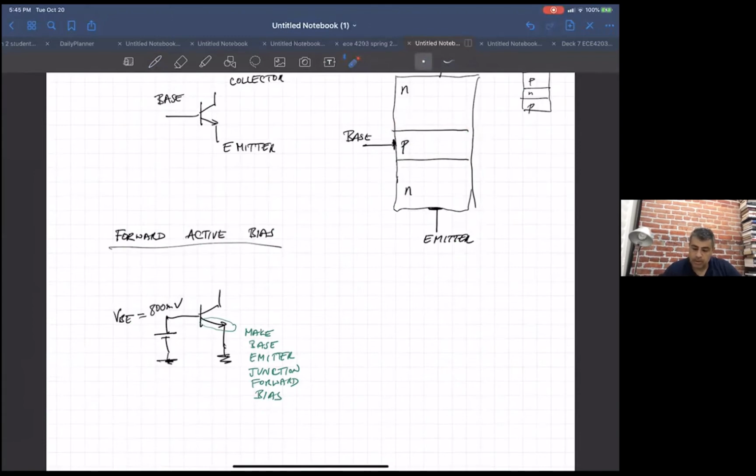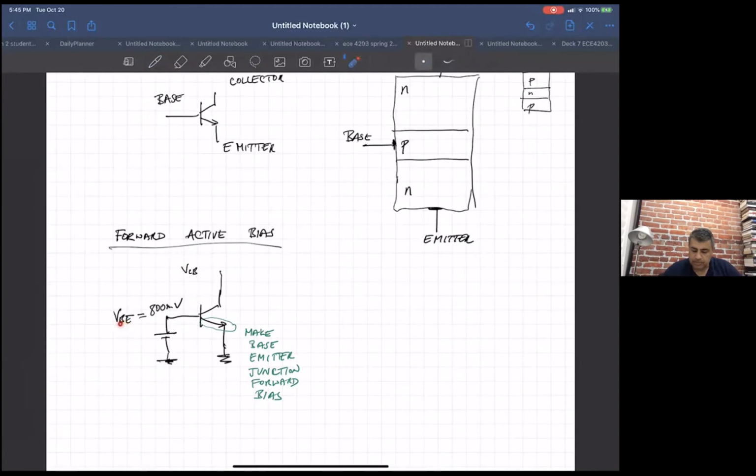Okay, so basically we would put, say we want to make the collector higher than this, but let's say if we make the collector base voltage, excuse me, sorry guys, there's a bunch of voltages running around here, so pay attention.